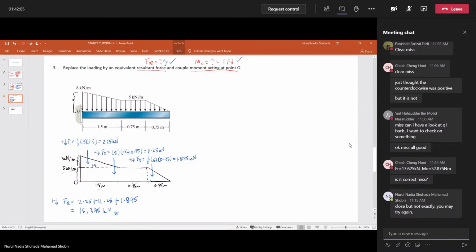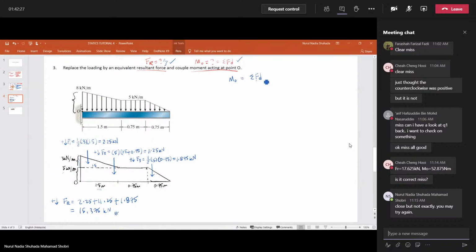For the moment acting at point O, as you guys know, moment at point O is equal to the sum of the forces times the distance. So the forces here are F1, F2, and F3, and then the distance.